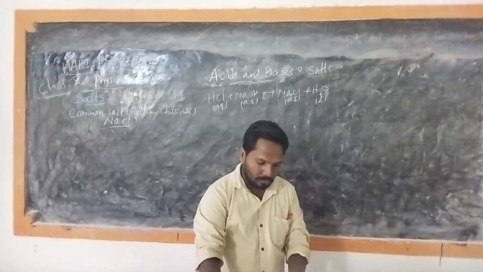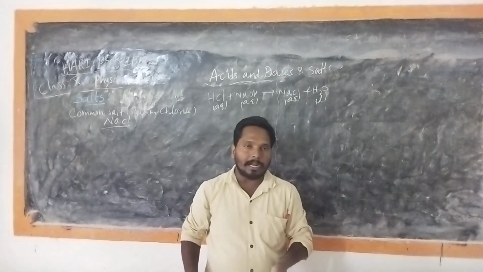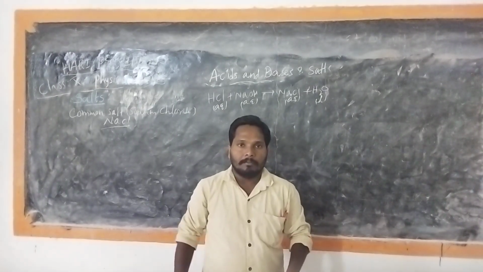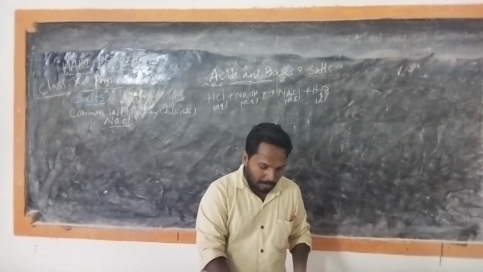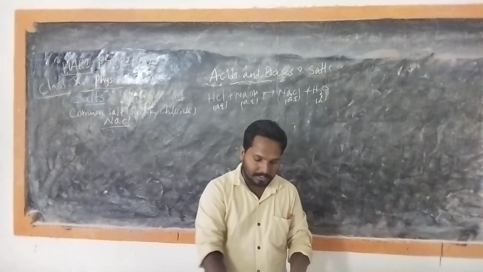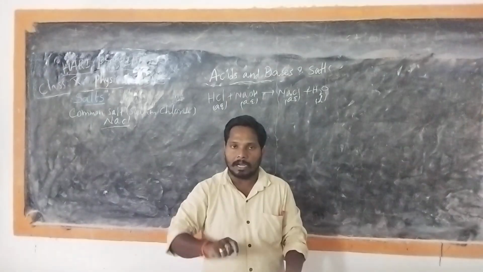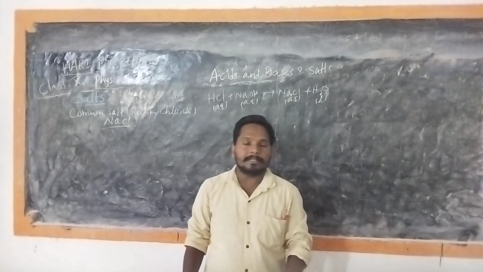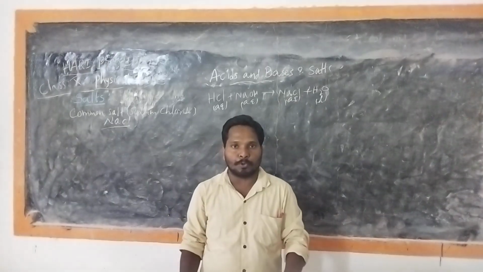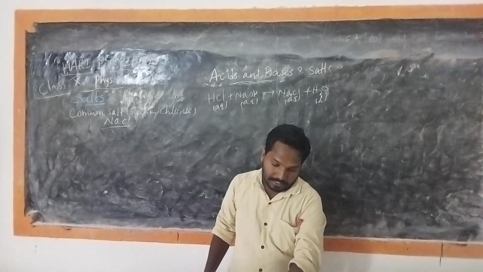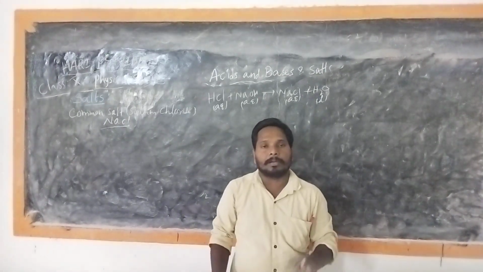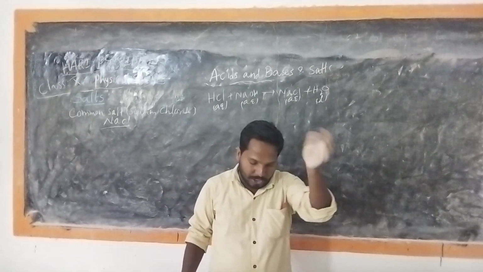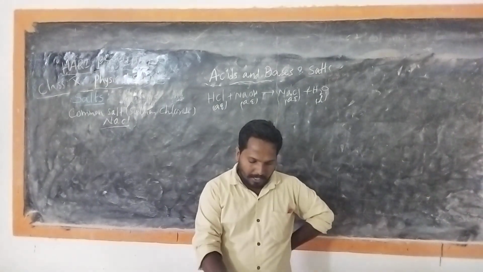How is common salt obtained? Generally, we get it from the seas and oceans. Sea water contains many dissolved salts. The major salt present in sea water is common salt, sodium chloride. Common salt is obtained from sea water by the process of evaporation. This is done as follows.